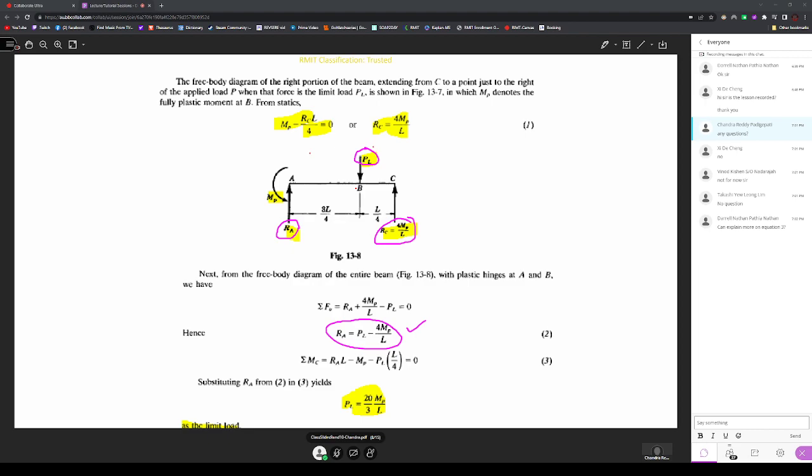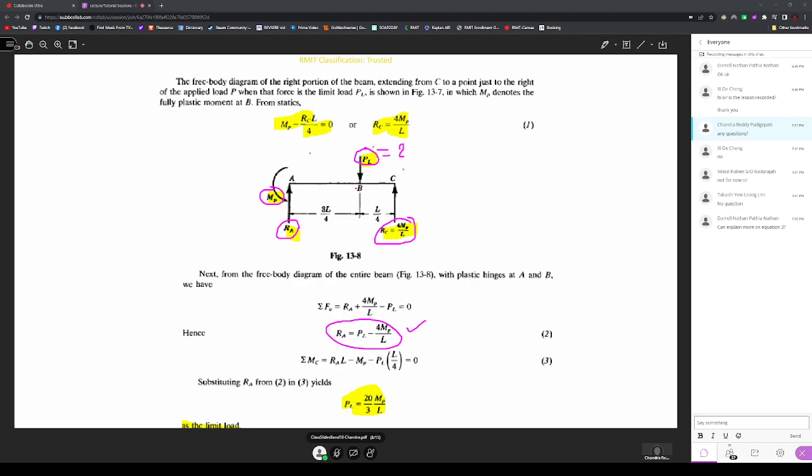Now we need to find an expression for PL, the plastic load, in terms of the plastic moments.